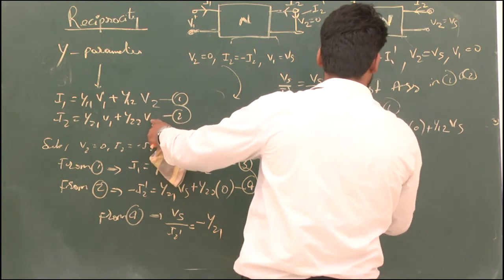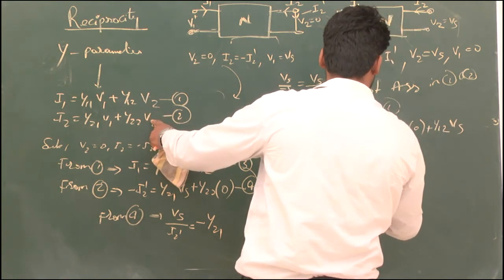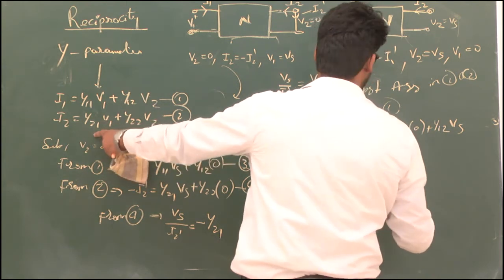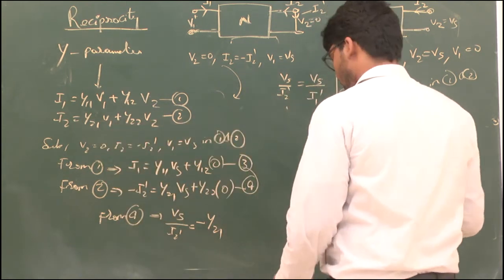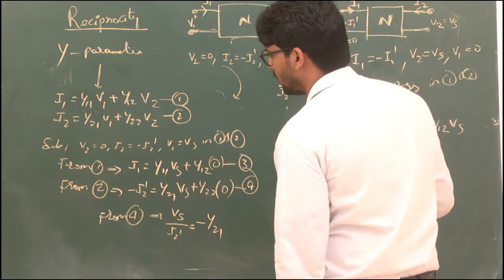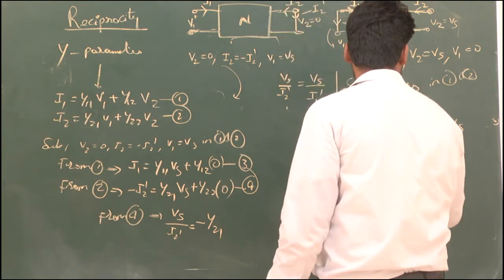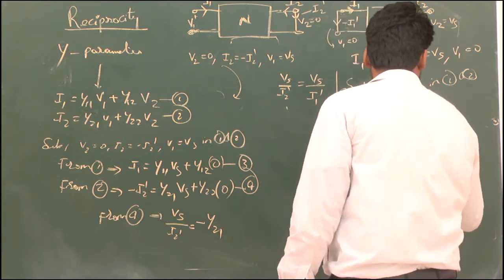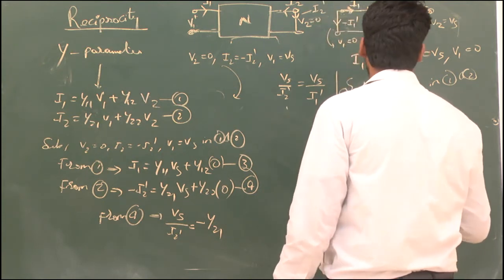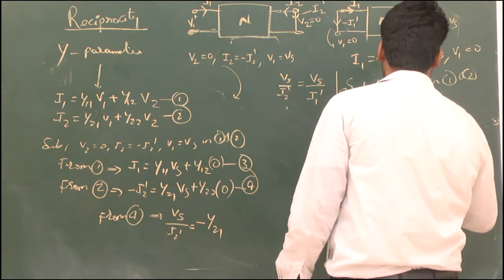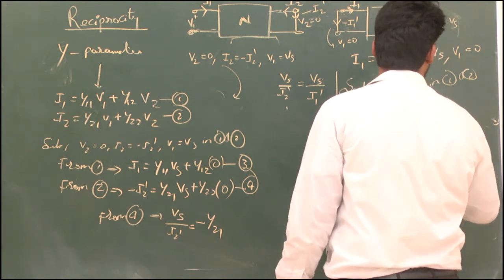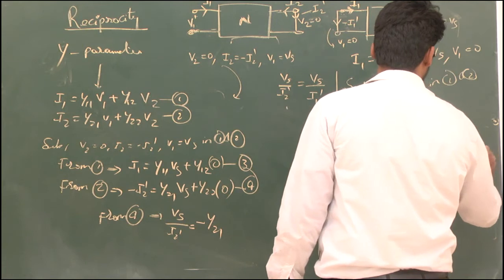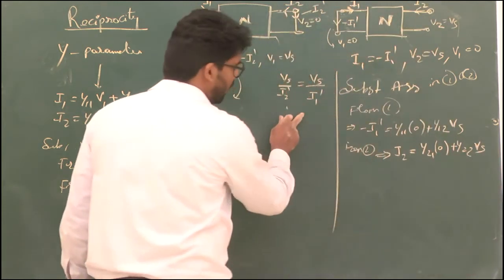So from 2, I2 is replaced with what? I2 is replaced with no other element. So I2 is common, and y21 V1, where V1 is replaced with 0, plus y22 V2, where V2 is replaced with Vs. So we need Vs by I1 dash.